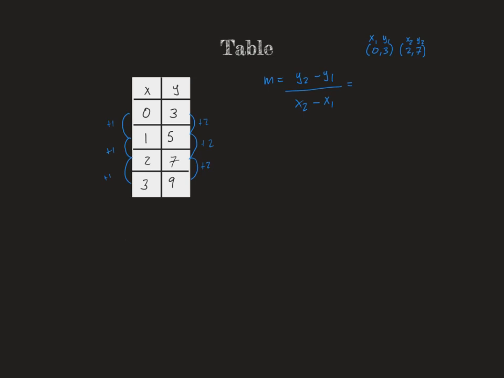So that's going to be 7 minus 3 all over 2 minus 0. And that's going to give you 4 over 2, which gives you 2. So in this case, we know that the slope is going to be equal to 2.